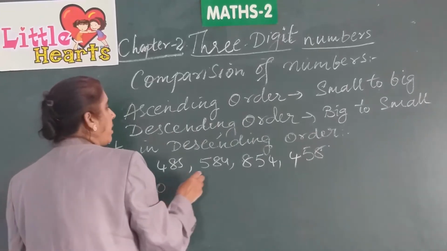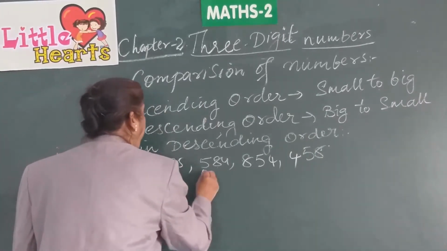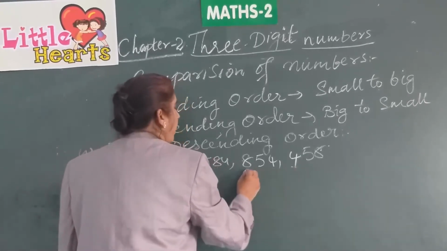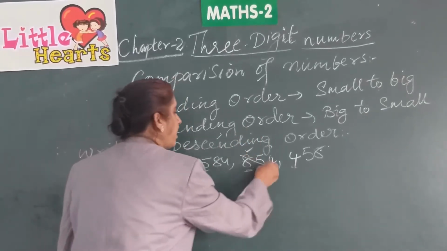Descending order is writing from bigger number to smaller. So check the hundreds place digit. 4584. 8 in the hundreds place, so write it first. It is the biggest number in the set.